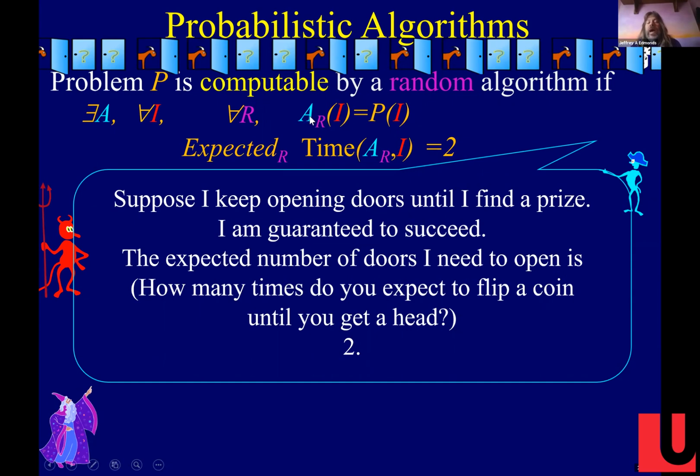So A has 2 inputs: the input to the problem, and the coin flips. And then A is a deterministic algorithm, just like you always write, that given its input, it's fixed what it does. But what it does depends on both the input and the coin flips. So we fix what A does as a function of R and I.